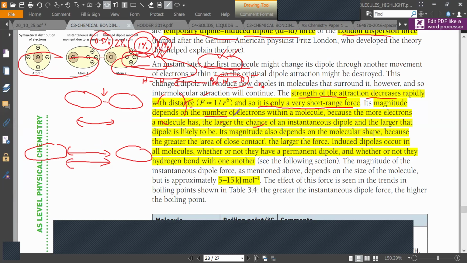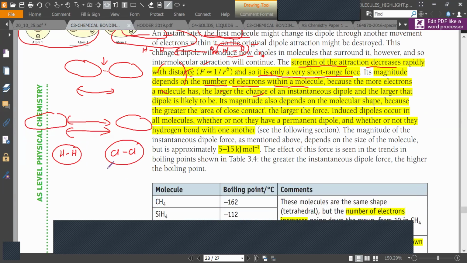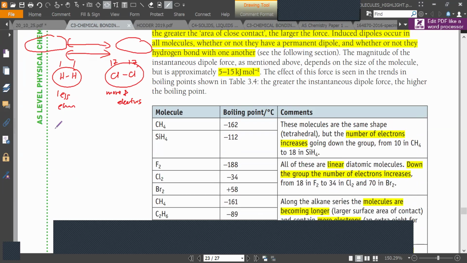Another one: it depends on the number of electrons within the molecule. The more electrons, the stronger. Let's compare H-H and Cl-Cl. Chlorine has more electrons, 17 and 17. Hydrogen is 1 and 1, so it has fewer electrons. The distortion of the electron cloud is small.